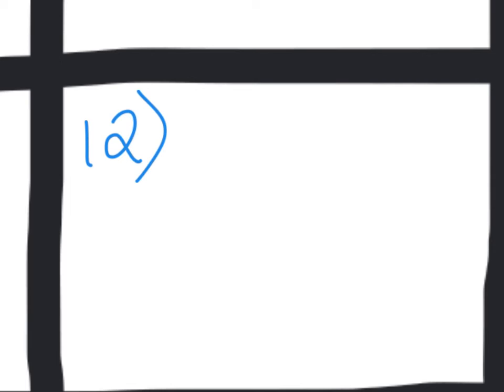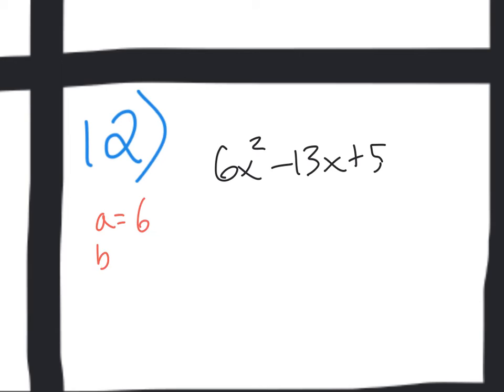So we've got 6x squared minus 13x plus 5. Alright, let's write out our a, b, and c and our AC. So a equals 6, b equals negative 13, and c equals 5. Alright. Oh, we forgot about AC. How could we forget about that? 6 times 5 makes 30.